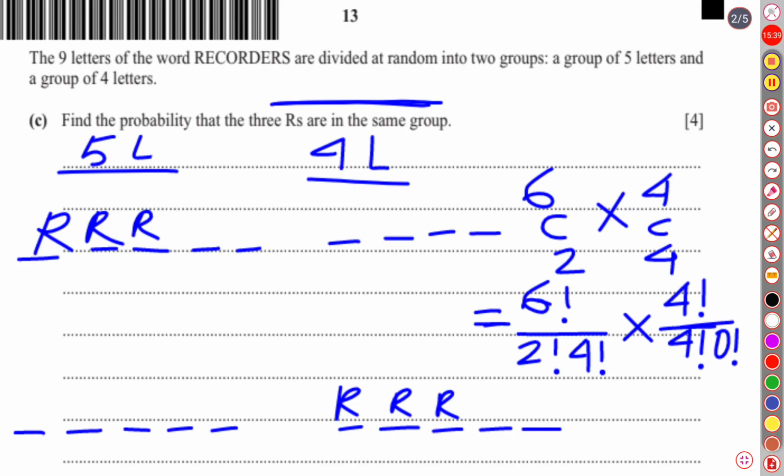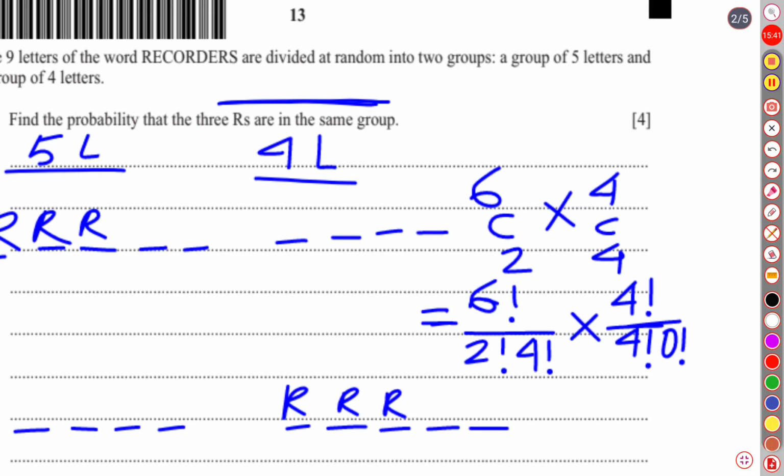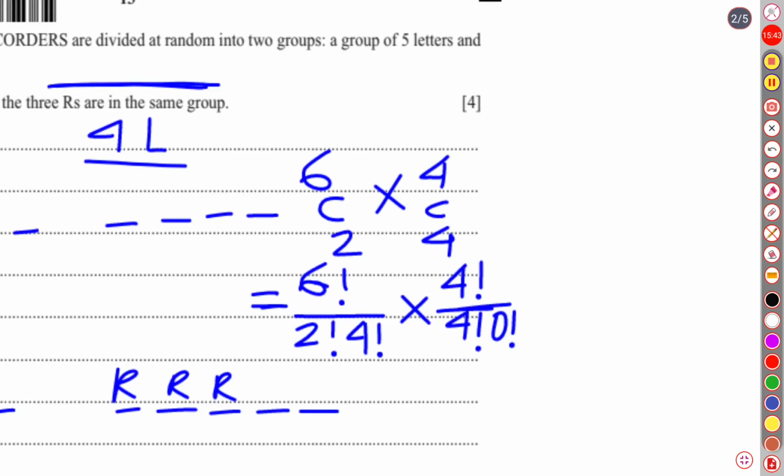Okay, so finally what is the total number of selections here? It is going to be 6 factorial means 720, and 2 factorial means 2, 4 factorial means 24. So 24 twos are 48. If we divide 720 by 48, it is going to be 15. So there are 15 choices to choose 2 letters from 6 and 4 letters from 4.